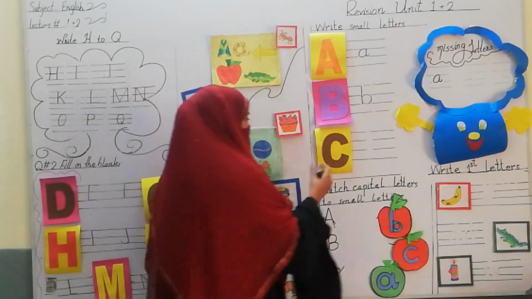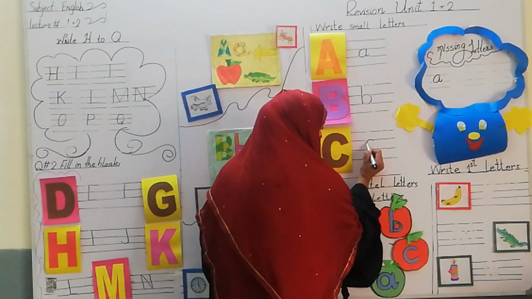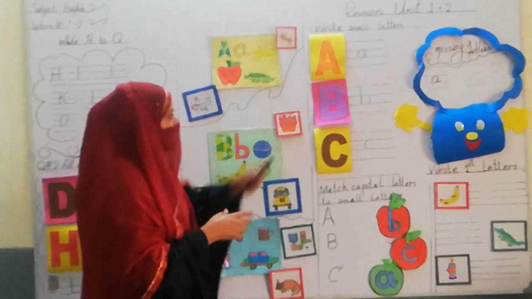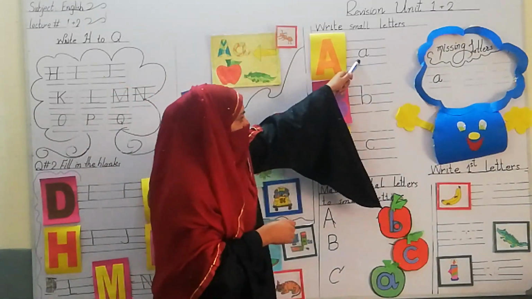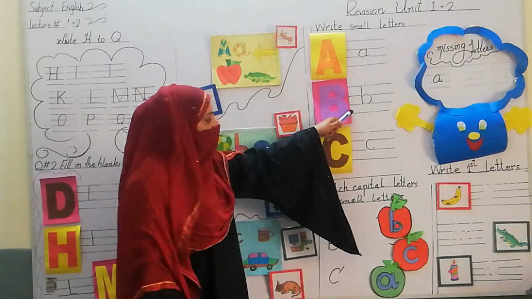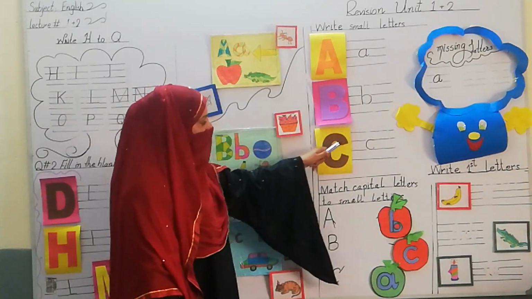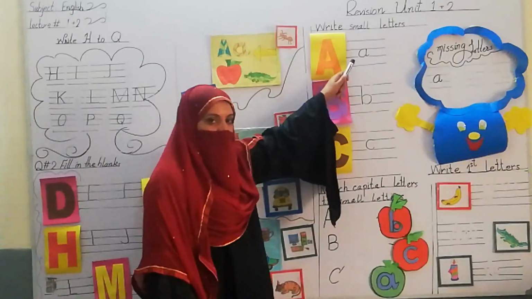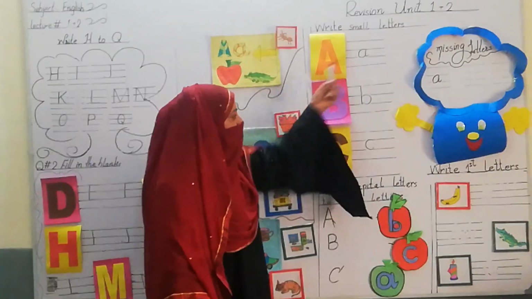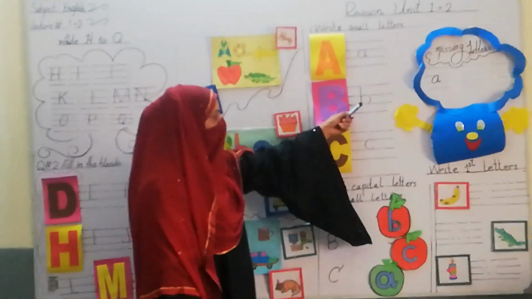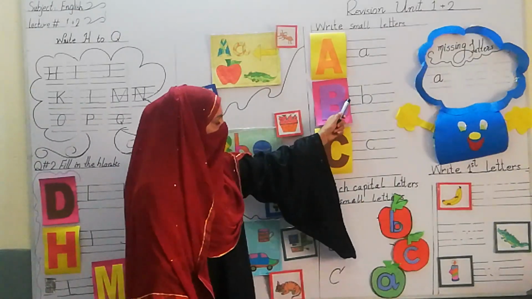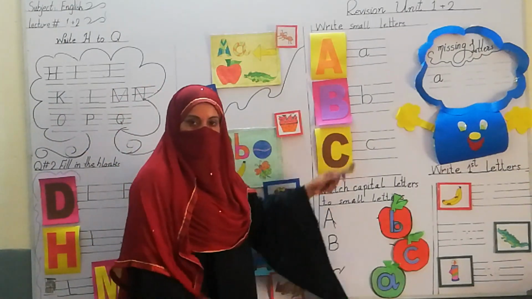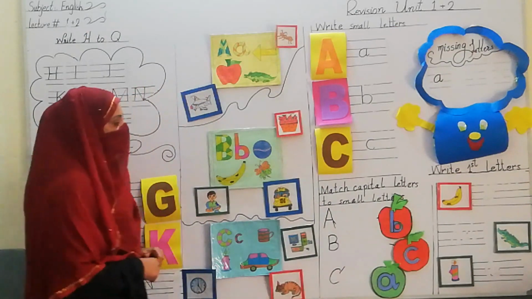C. Write here C like this. Okay. A says A, B says B, C says K.